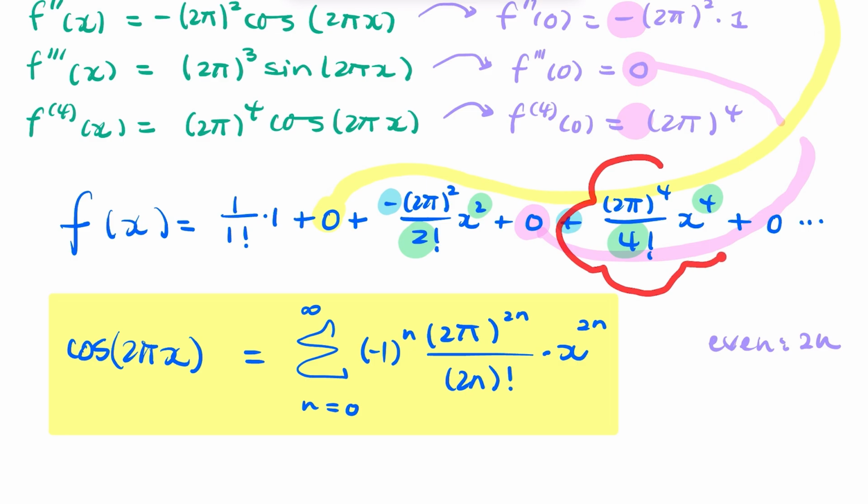And for the next term, where n equals 2, we would have a positive sign. So even though we could probably simplify this further, I'm happy to leave this as our final answer for the Maclaurin series for cosine 2 pi x.